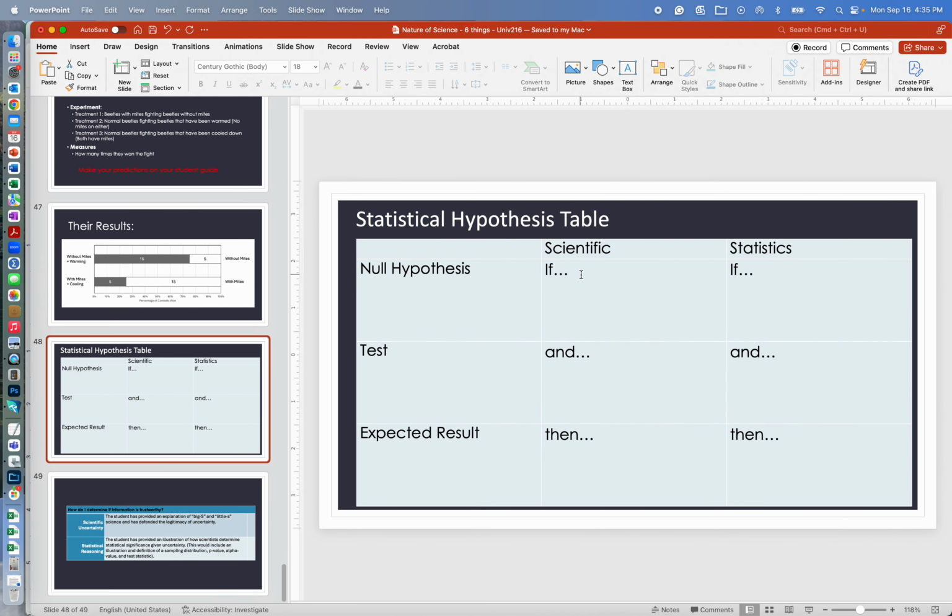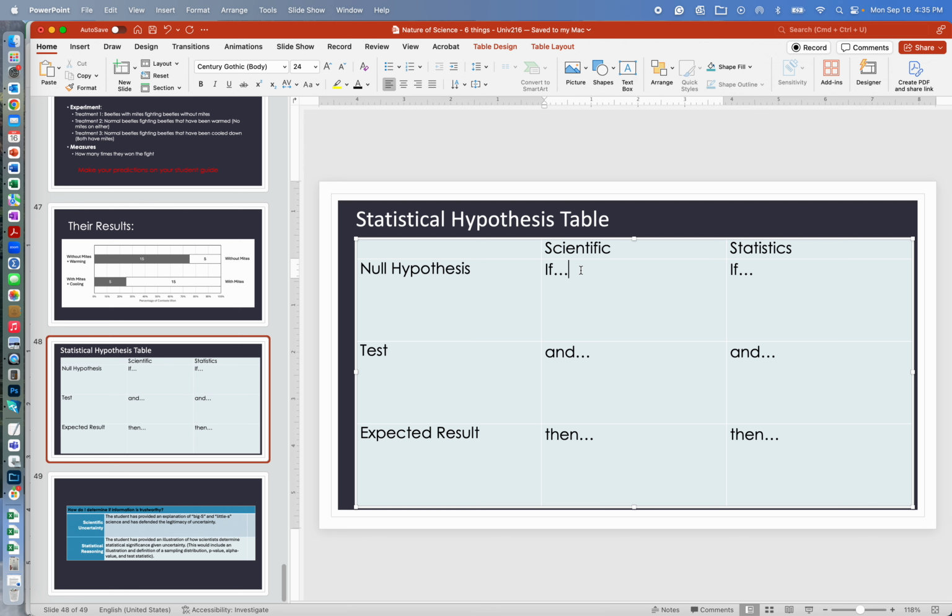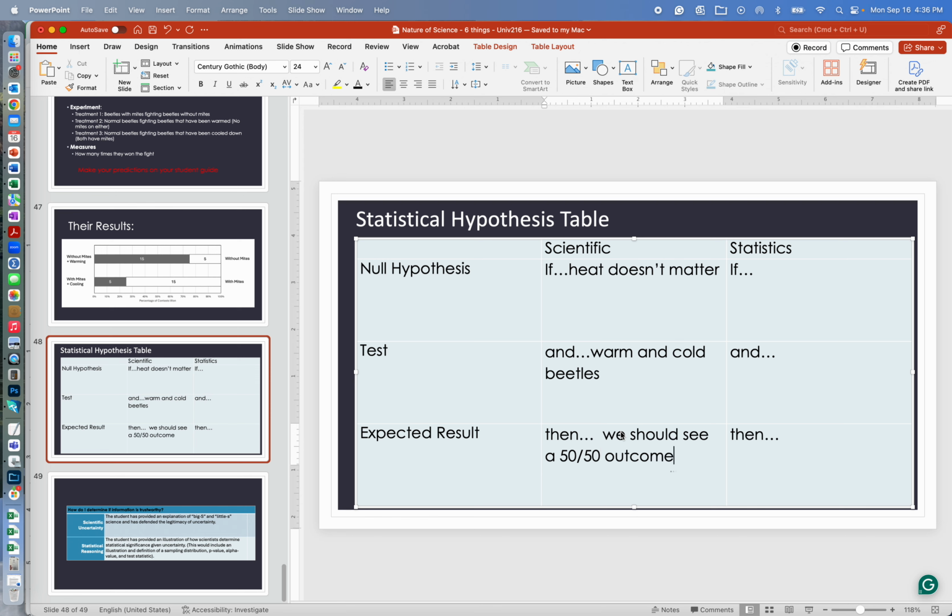Our null scientific hypothesis is that heat doesn't matter. If heat doesn't matter and we run warm and cold beetles against each other, then we should see a 50-50 outcome. They should win 50% of the battles.